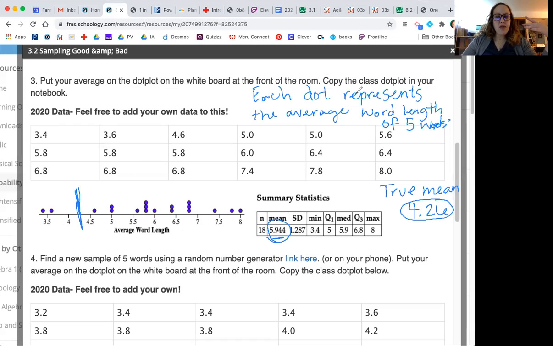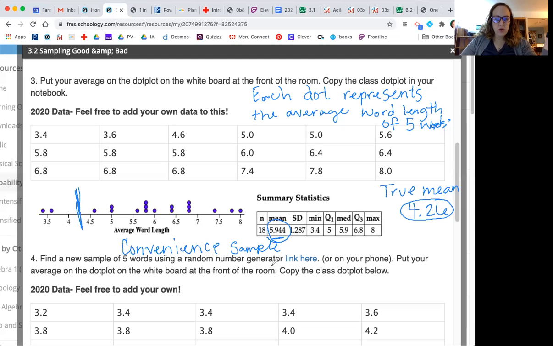So this method of choosing based on what we feel like doing is what's called a convenience sample. We just did what was convenient. It was easy to quickly pick our own data points rather than do it completely randomly. It may have felt random, but it's less random because our eyes are drawn more towards those longer words.